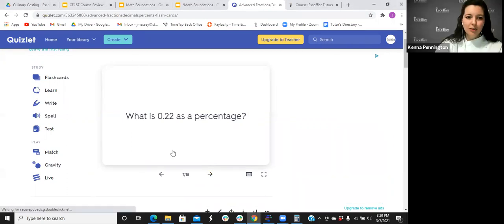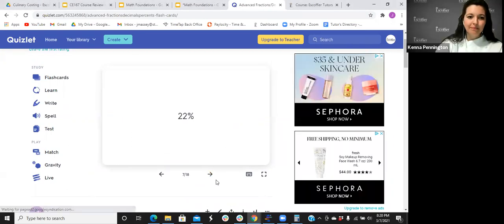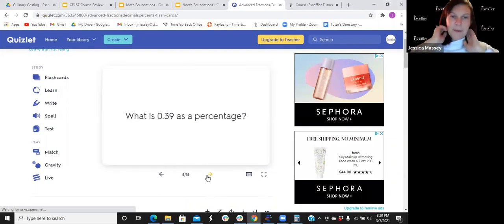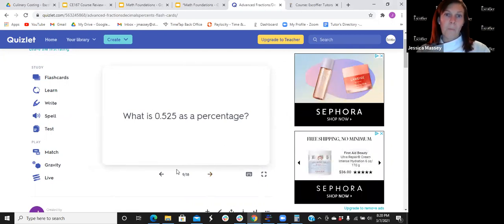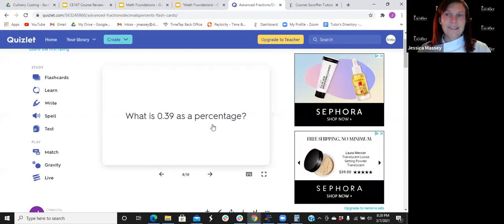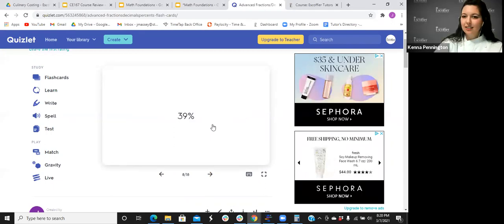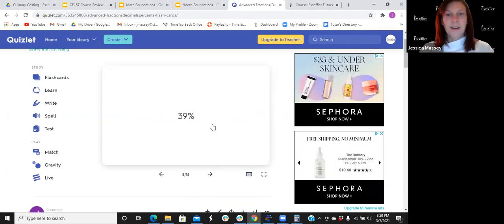All right, couple folks are on there with 22%. Nice job, everybody. How about what is 0.39 as a percentage? Oops, skipped ahead. 39%. Nice job.